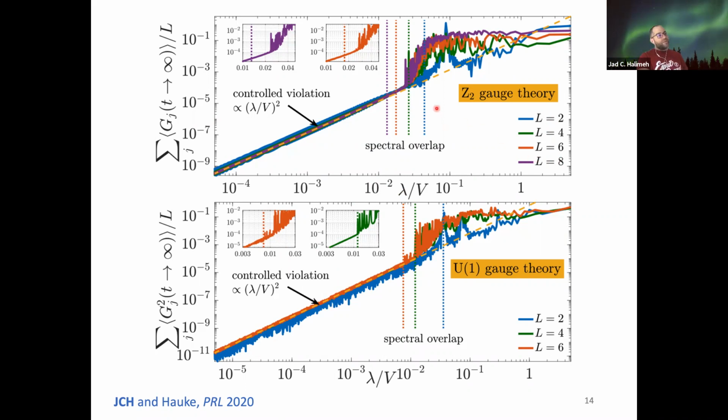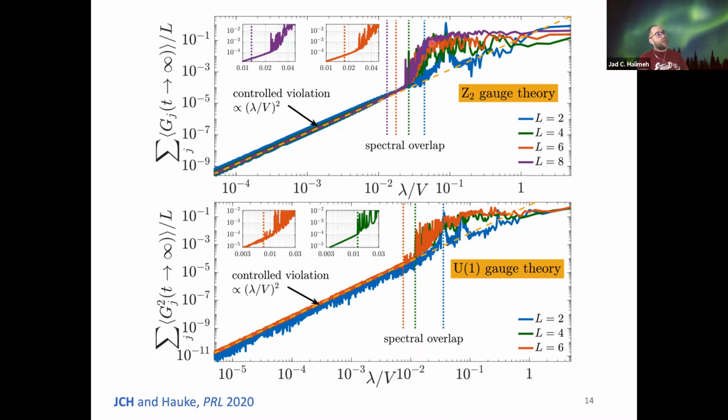And you see that again, above a certain value of V, you have this controlled violation, lambda squared over V squared. And below this lower bound of V, I am again in this sort of chaotic regime, where a tiny change in the value of V leads to some drastically different value of the long time gauge violation.